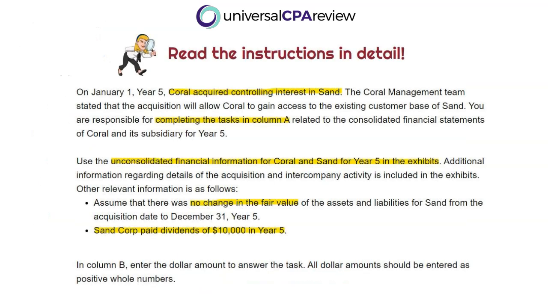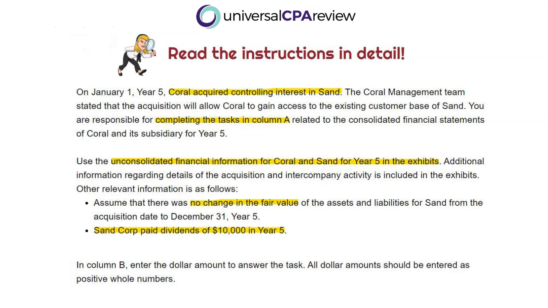So here are the instructions for this simulation. And the first sentence tells us right off the bat that on January 1st, year 5, Coral acquired controlling interest in Sand, right? So Coral is going to be the parent company here. Sand is the subsidiary. Controlling interest means they own more than 50%. We don't know if that's 100%, and if it's less than 100%, that means non-controlling interest will exist, and we know that's a tricky topic.